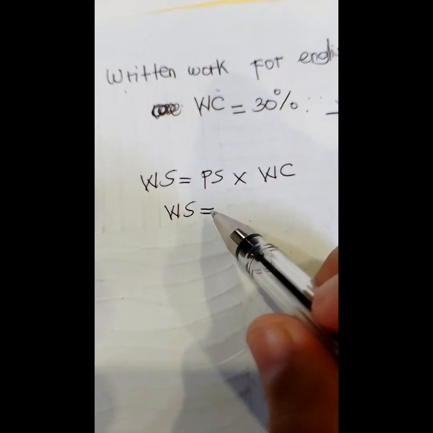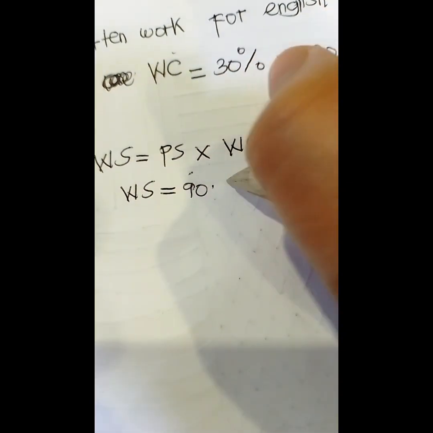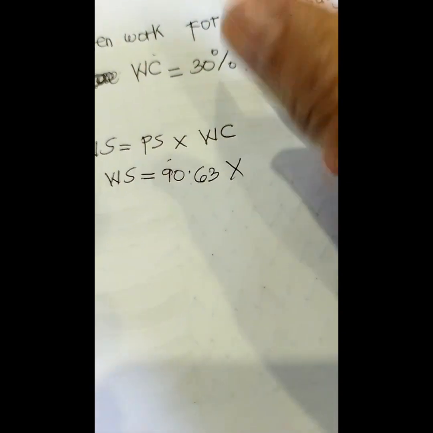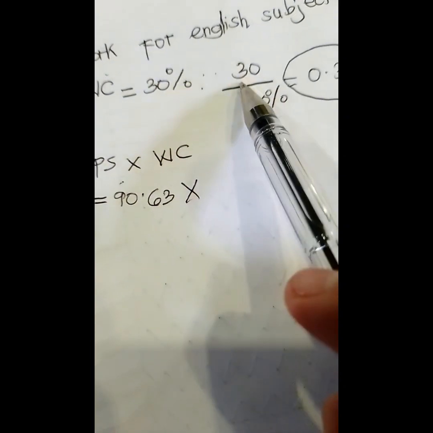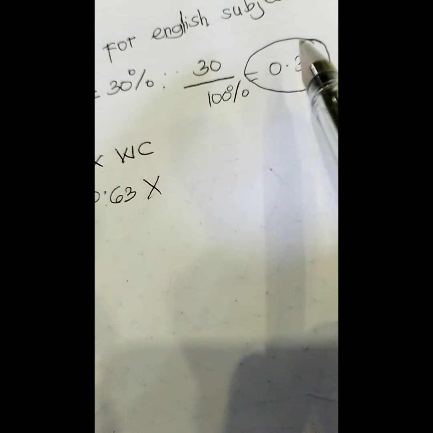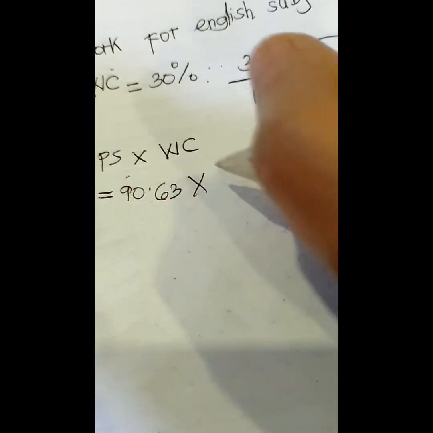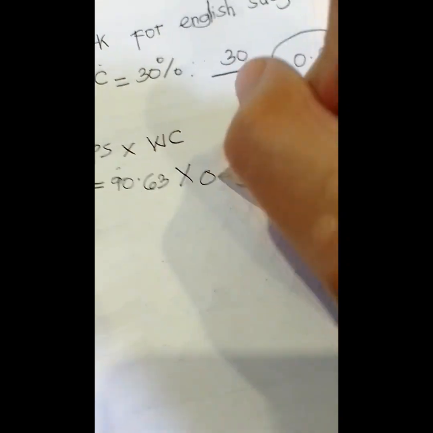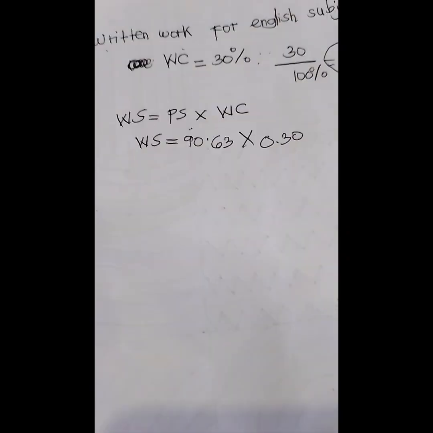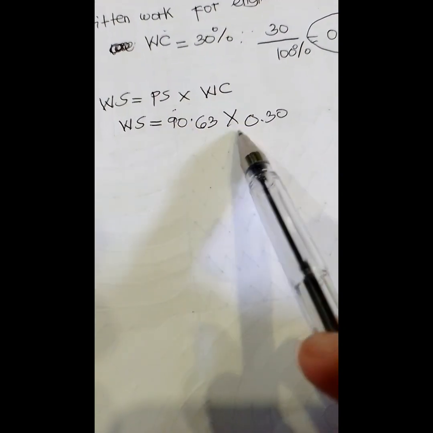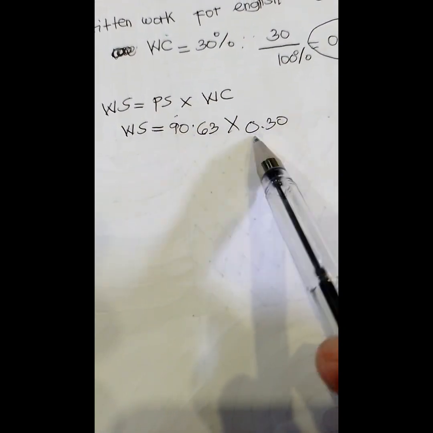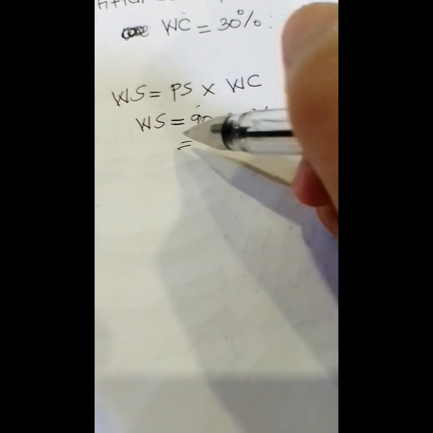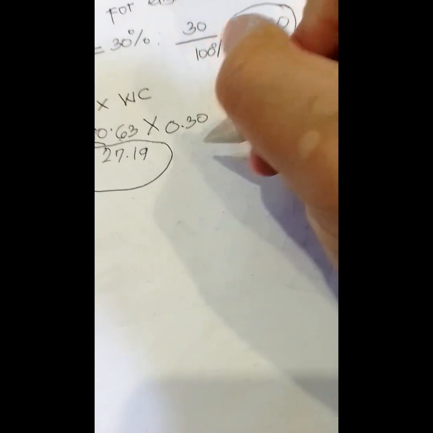So, 90.63 is multiplied by the weight of the component, which we converted from 30% to 0.30. So, 90.63 multiplied by 0.30 is equal to 27.19. So this 27.19, guys, is the weighted score for written work.